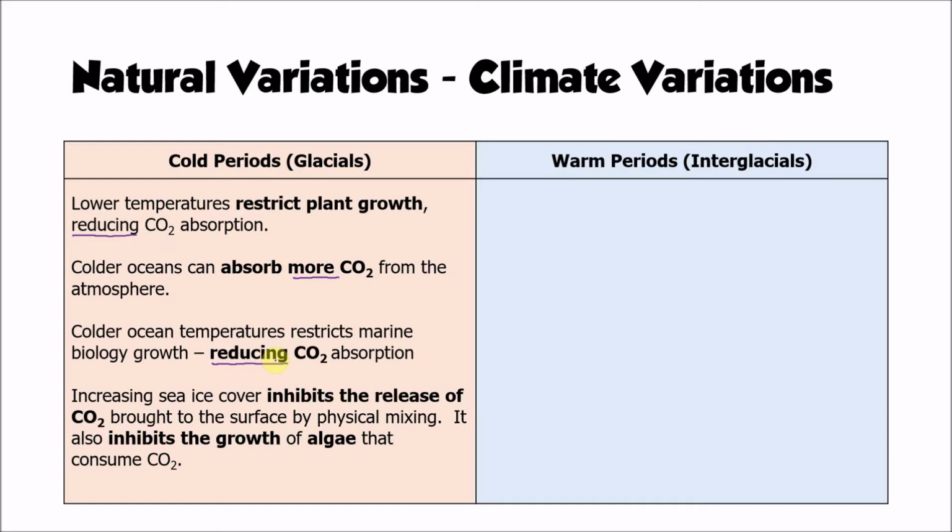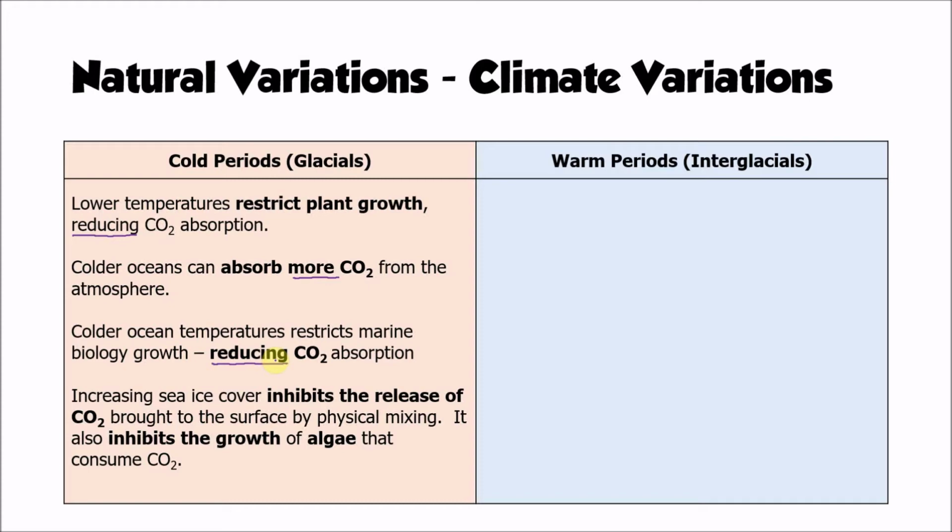Another thing that can happen if sea ice cover increases, which it would do during a glacial period, is that the Earth's temperatures would be colder and sea ice would be much, much more extensive across parts of our oceans. That basically prevents the release of carbon dioxide from the ocean. It's a bit like having a lid on top of the ocean, and it prevents that carbon dioxide from diffusing out into the atmosphere.